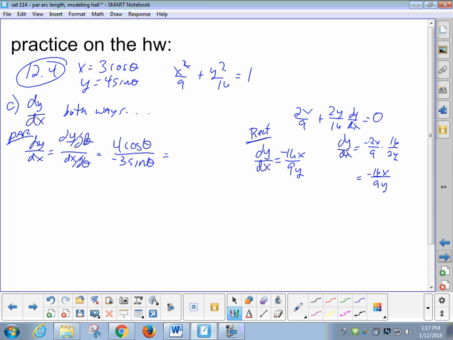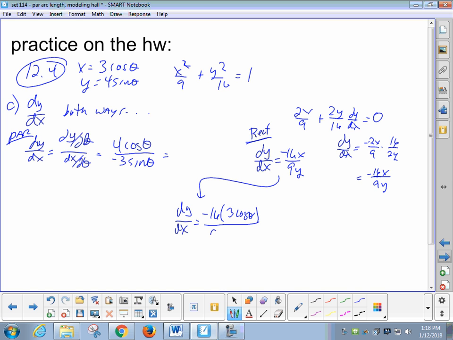Okay. Now let me show you then. The goal is to show they're the same, so we need to take one form to the other somehow. Most people like to sub for x and y because they're there. So if you were to do this, dy/dx then is negative 16, and in place of x I could say it's 3 cosine theta.